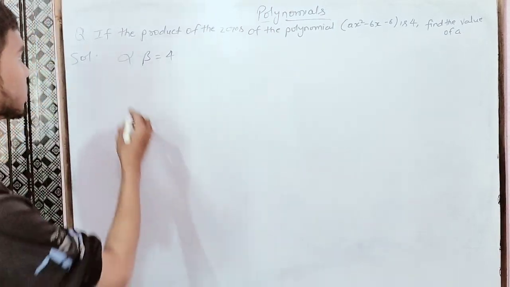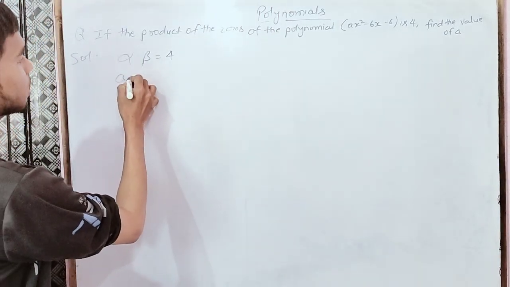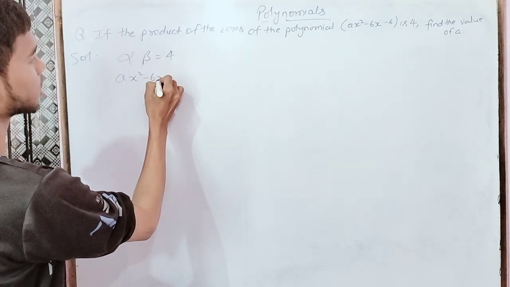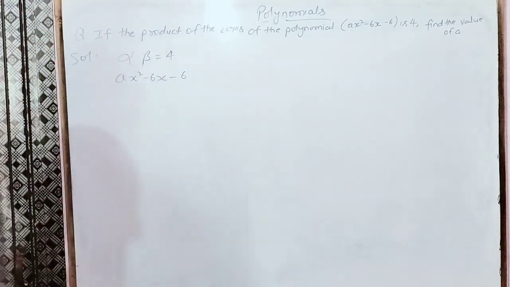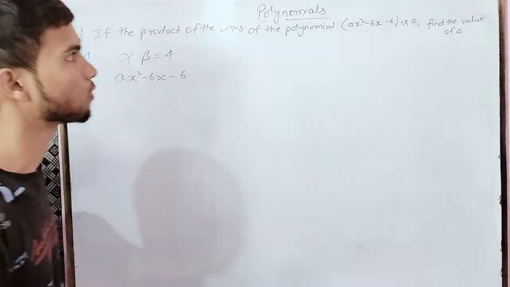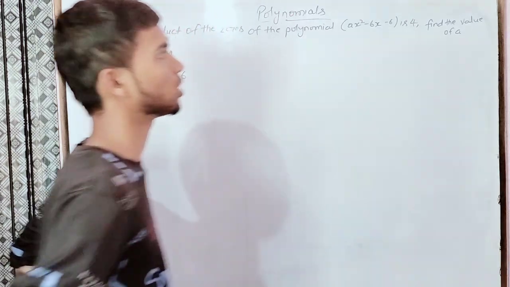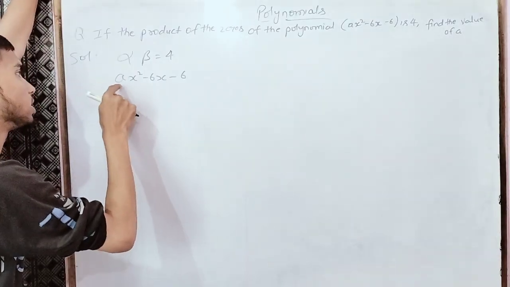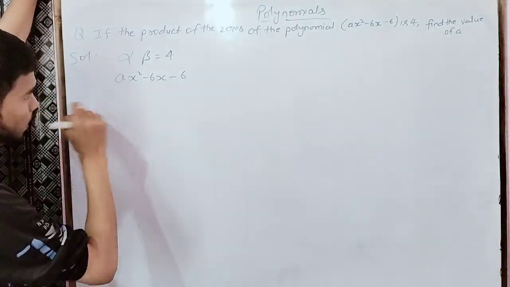Now the polynomial is A x square minus 6x minus 6. So here A is a coefficient number. And we have to find what? The value of A. What is the coefficient number in place of A?